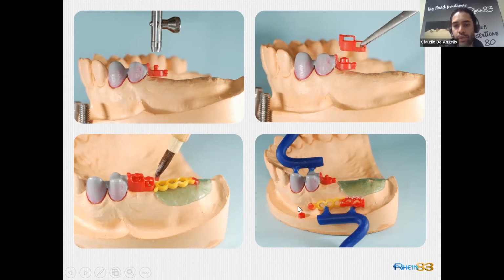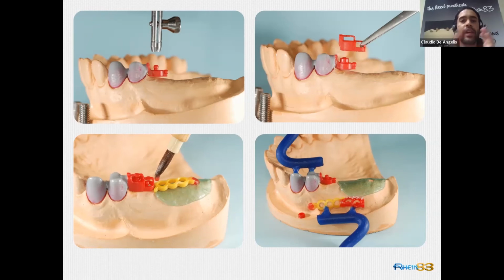It should be removed. You put what you just made in the same cylinder, in the same investment material. So you have the same contraction, same shrinkage, and the two pieces will always fit best because they have the same expansions and the same shrinkages.